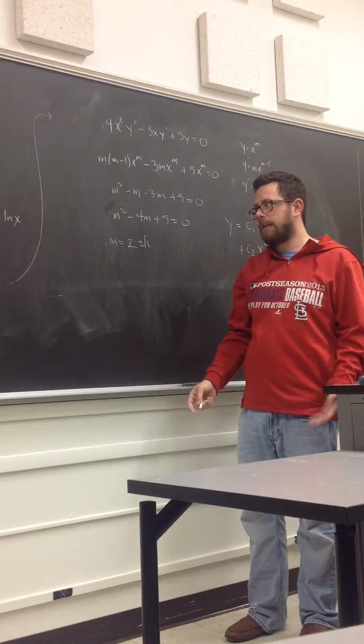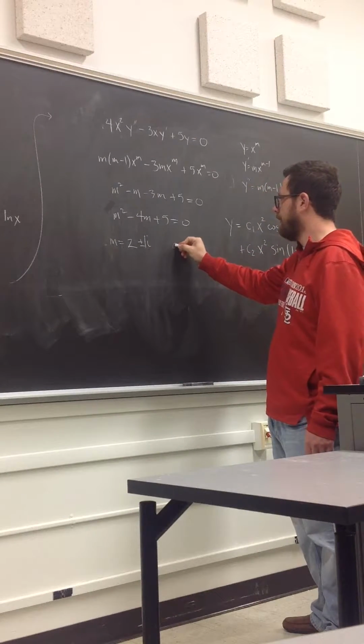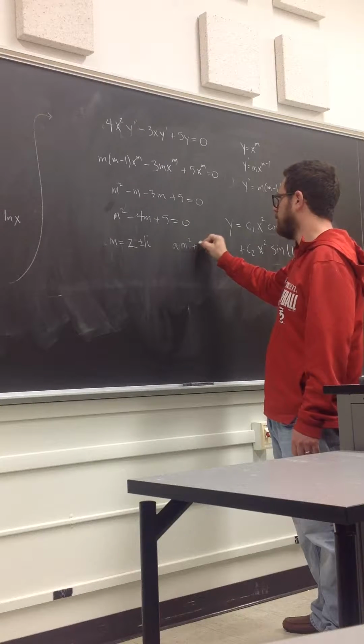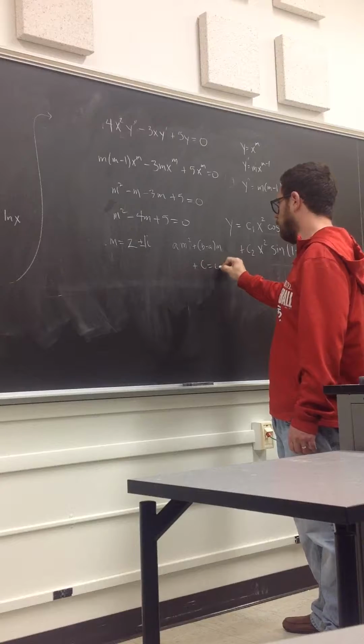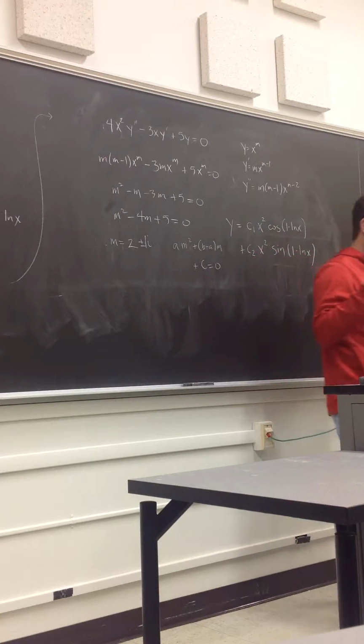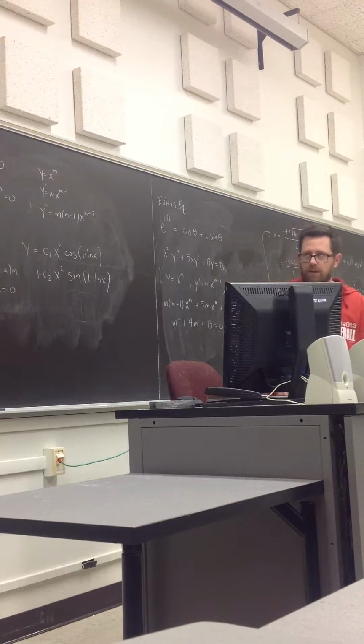So if you look in the textbook, you'll see a formula that the auxiliary equation for order 2 is a m squared plus (b minus a) m plus c equals 0. I guess if you want, you can use that, but the problem is that there's an equation for every order: third order equations, fourth order, and so on. So I would suggest not using the formula and making the substitution each time.